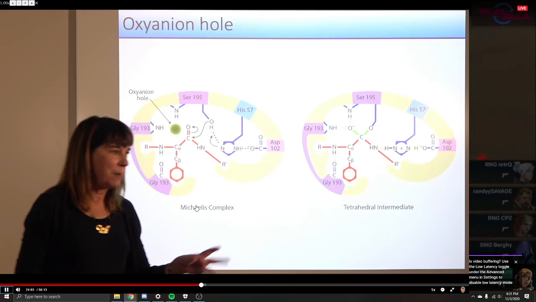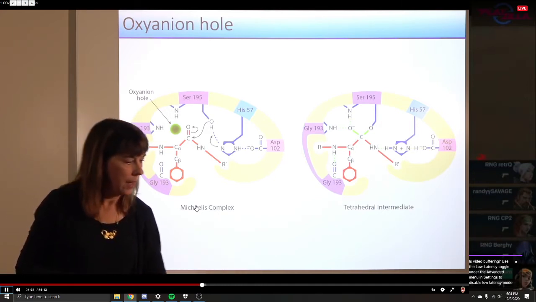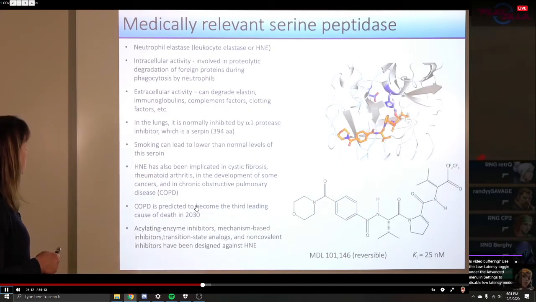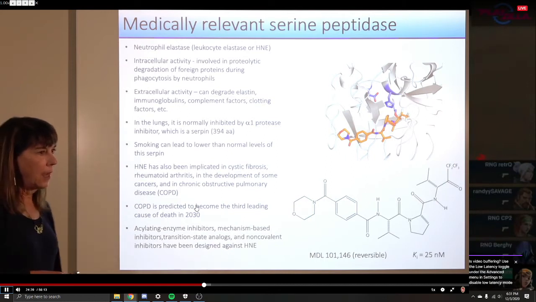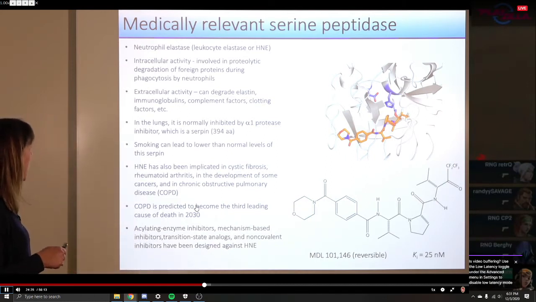So you learned about chymotrypsin, you learned about trypsin in basic biochemistry classes, but let's talk about one that's medically relevant. And this is the neutrophil elastase, human neutrophil elastase. It's also called HNE. Now, this peptidase has a lot of activity. It's important. So it has intracellular activity. It's involved in the degradation of foreign proteins during phagocytosis by neutrophils.